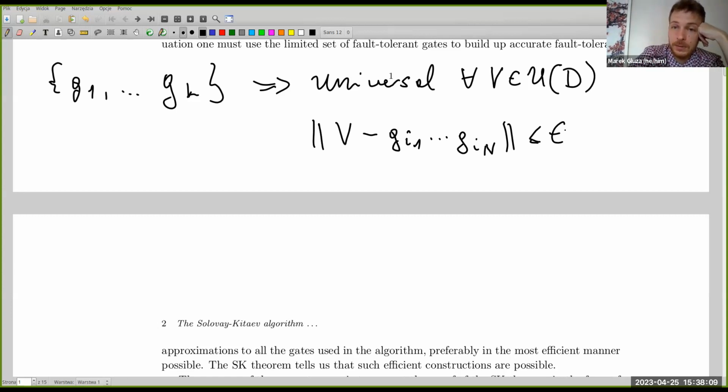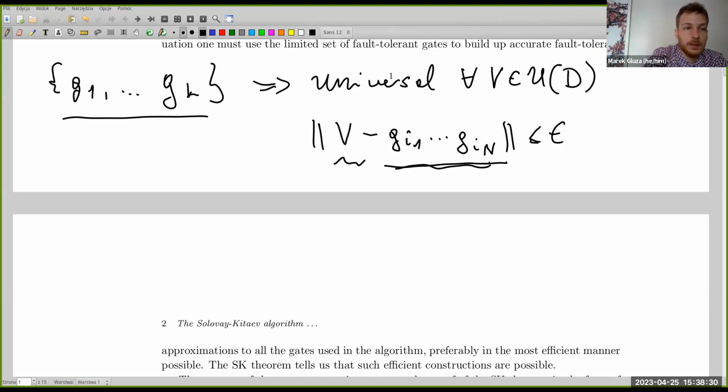And if I'm able to do that, I would call this a circuit because I have a specific number of types of gates. And I compiled this particular target unitary with those gates. Okay. So that would be compiling some algorithm, compiling some circuits, doing something.